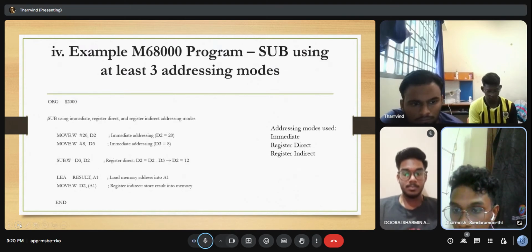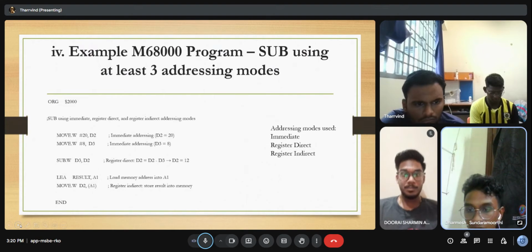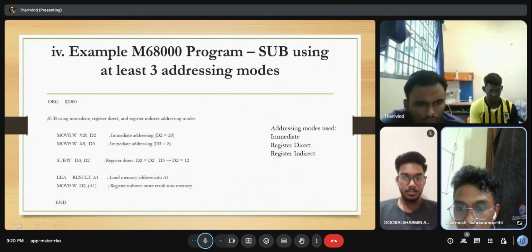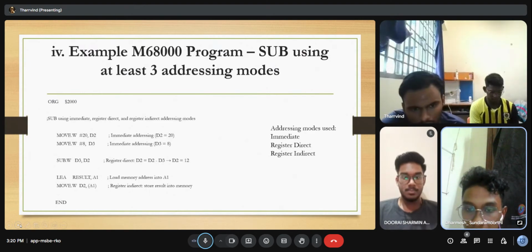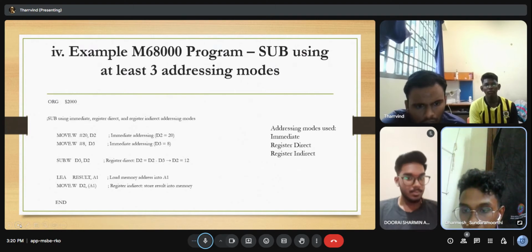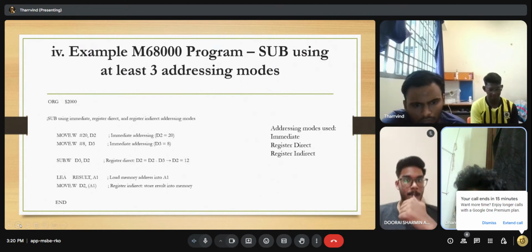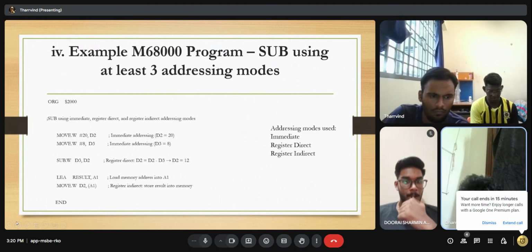Then MOVE.W #8, D3 is immediate addressing, so D3 equals 8. Then SUB.W D3, D2 is register direct, so D2 equals D2 minus D3, which equals 12. The result is loaded from the memory address into A1. So MOVE.W D2, (A1) is register indirect, storing the result into memory. Next slide.